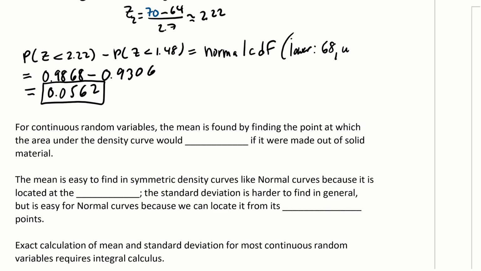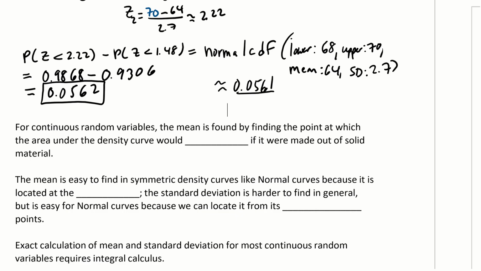Usually I write it out just to be safe: the mean was 64, and the standard deviation is 2.7. And if you do that, you get approximately 0.0561, which is a similar result to what we got.